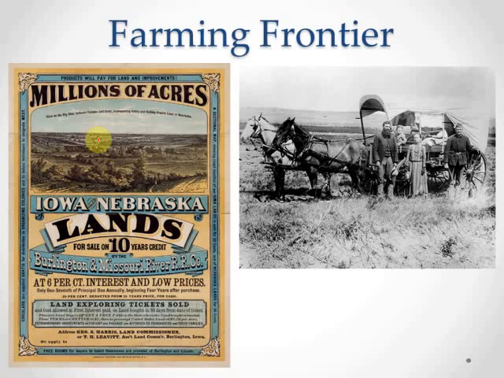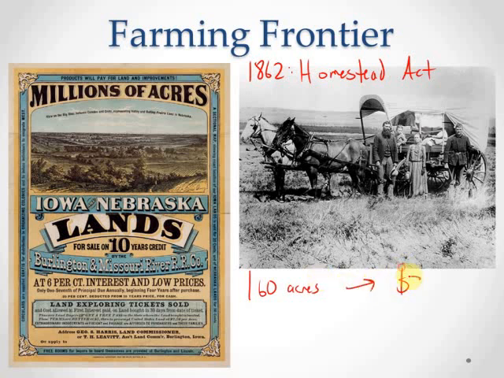So what we did is that eventually, in 1862, good old Abe Lincoln passed a law called the Homestead Act of 1862. And what the Homestead Act of 1862 did was that it sold 160 acres of land to families for the low, low price of $30.